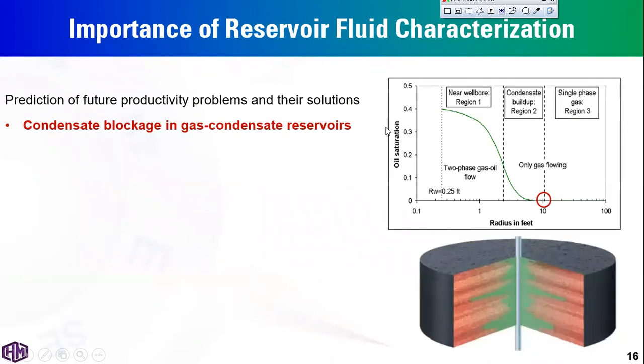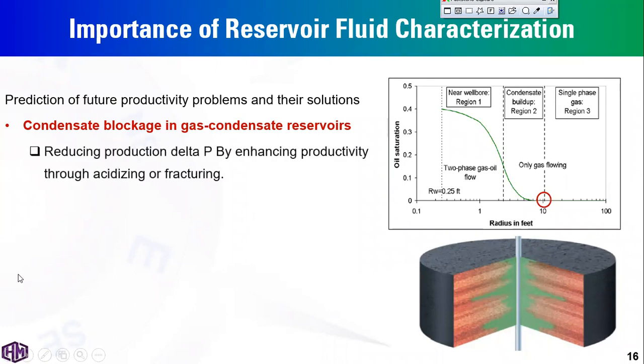Also, for condensate reservoirs, in the region near the wellbore, we may have condensate banking or condensate blockage around the wellbore due to the reduction of average reservoir pressure below the dew point pressure. So this region will be highly saturated with condensate liquid, which may cause blockage of gas production or complete shutting of the well.